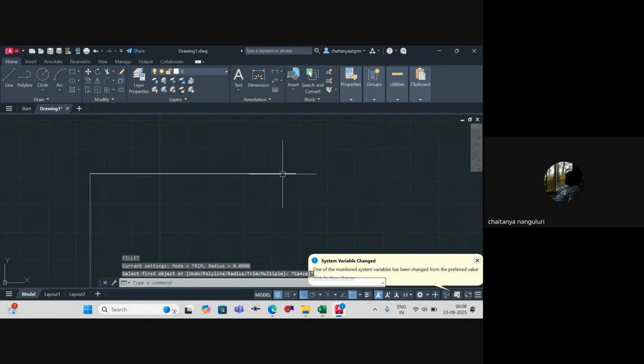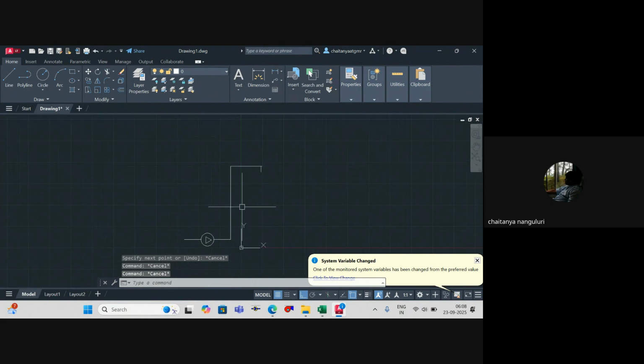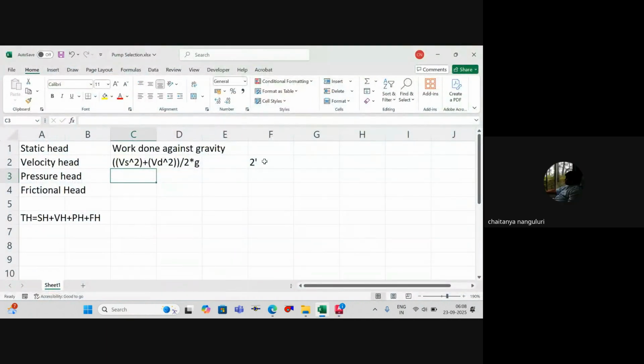At the terminal, whatever pressure you have to minimum maintain in the system, that is nothing but the pressure required at the terminal point, to be precise. Am I clear? Okay, that is your pressure head.